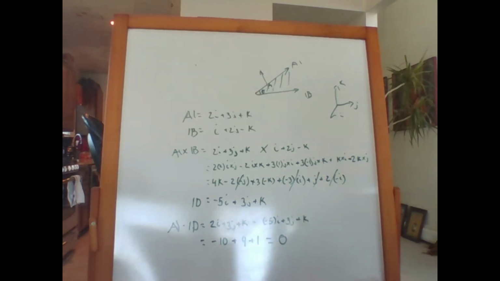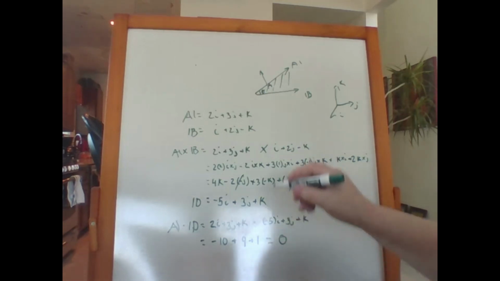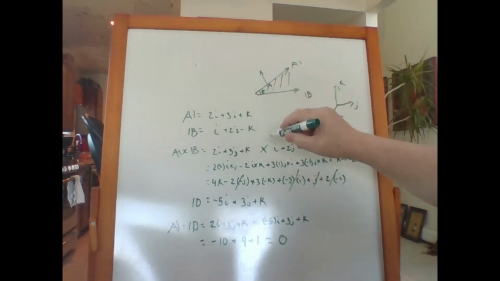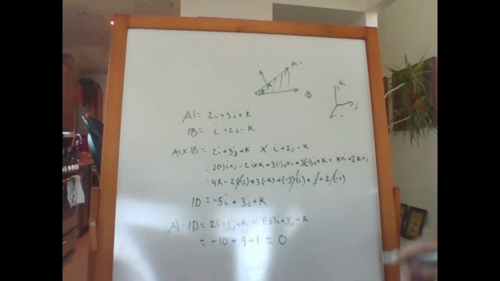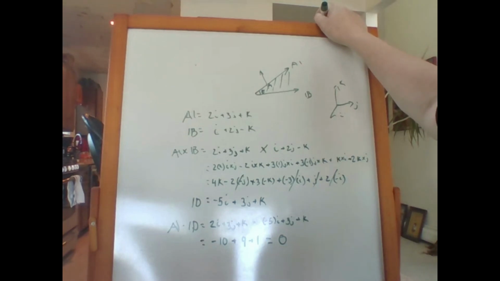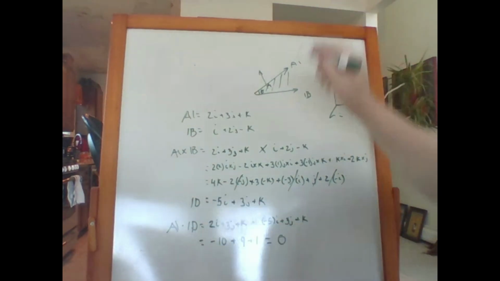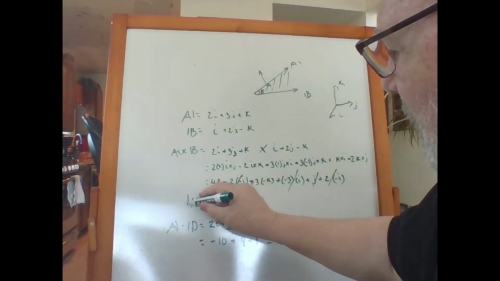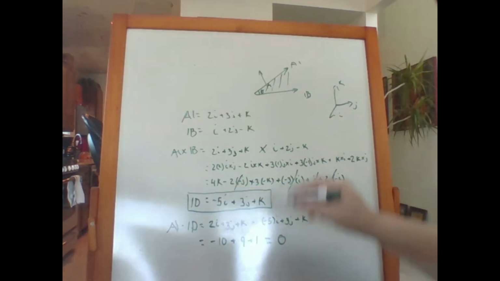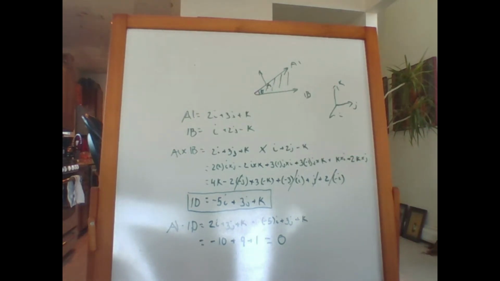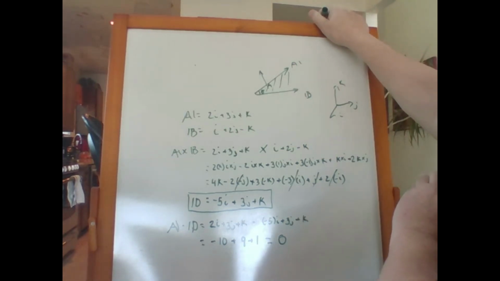And it is normal. Remember, any vector that is normal to the plane of other vectors, the dot product will be 0. So we do indeed, this vector that we got is normal to the plane of A and B. So that worked out very nicely.